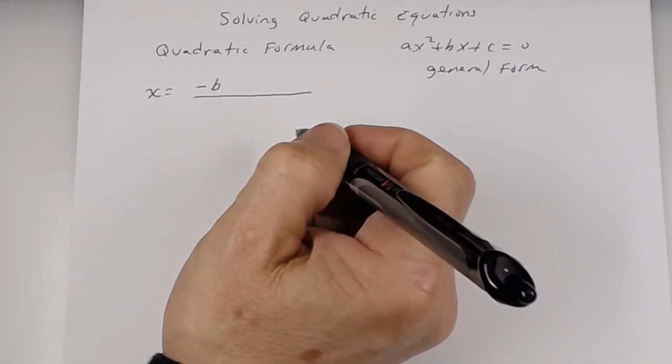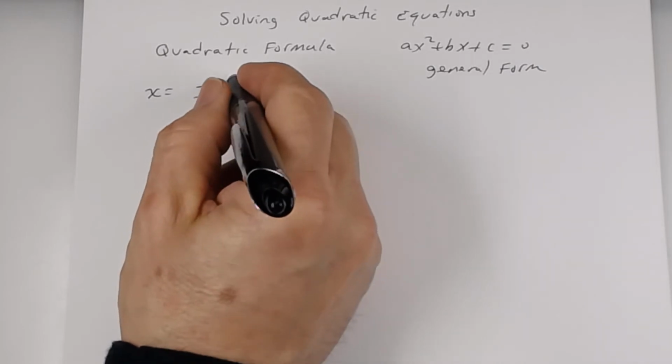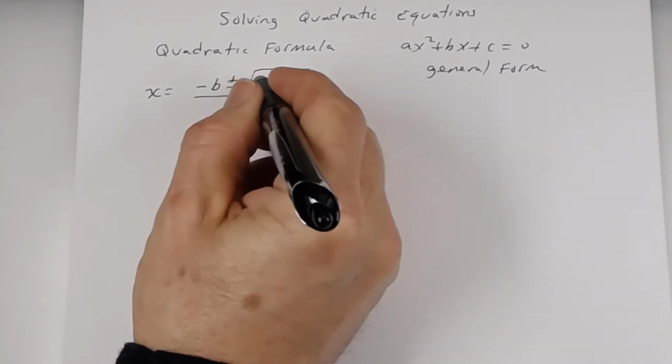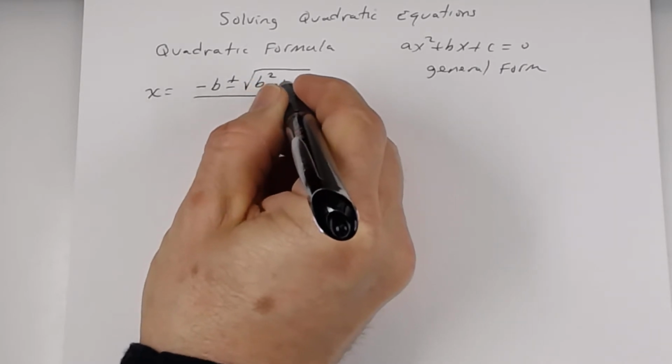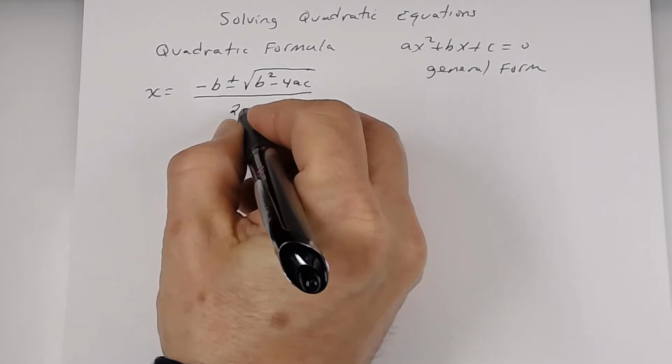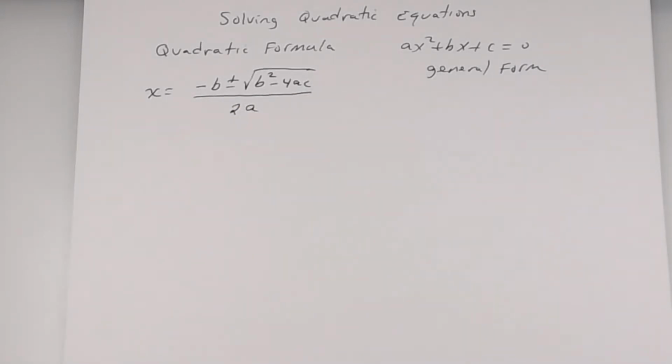So whatever b is, you take the opposite, plus or minus, remember the plus or minus? The square root of b squared minus 4ac, and all that's being divided by 2a. So that's the quadratic formula: the opposite of b plus or minus the square root of b squared minus 4ac, all divided by 2a.